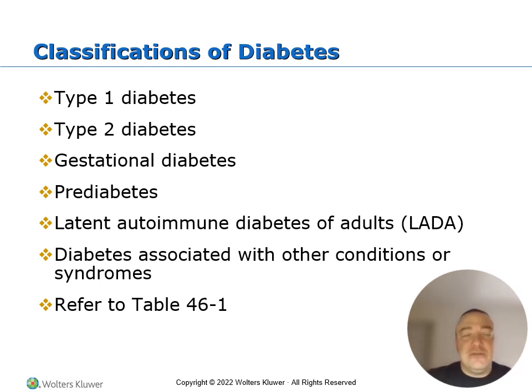Then we have our type 2 diabetes, which is late onset due to obesity, trauma, damage to the pancreas, drinking, drug use, genetics in general, just when you hit a marker that can set you off on that.